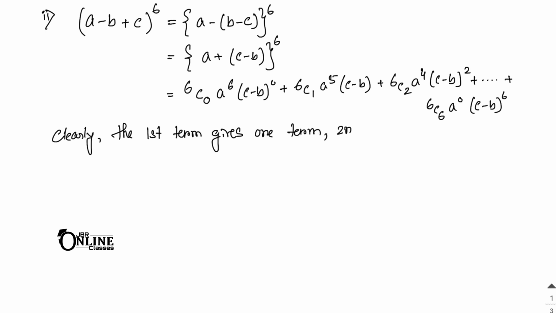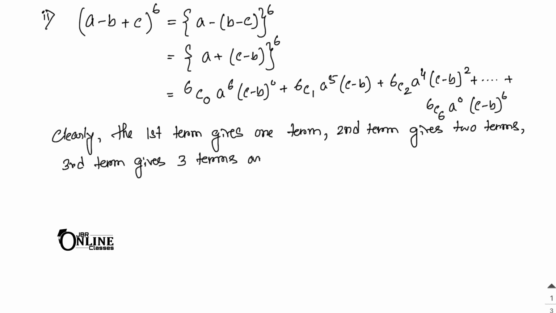Then the second term gives two terms. Next, the third term gives three terms, and so on. That means the last term, how many terms does the last term give? Seven terms.